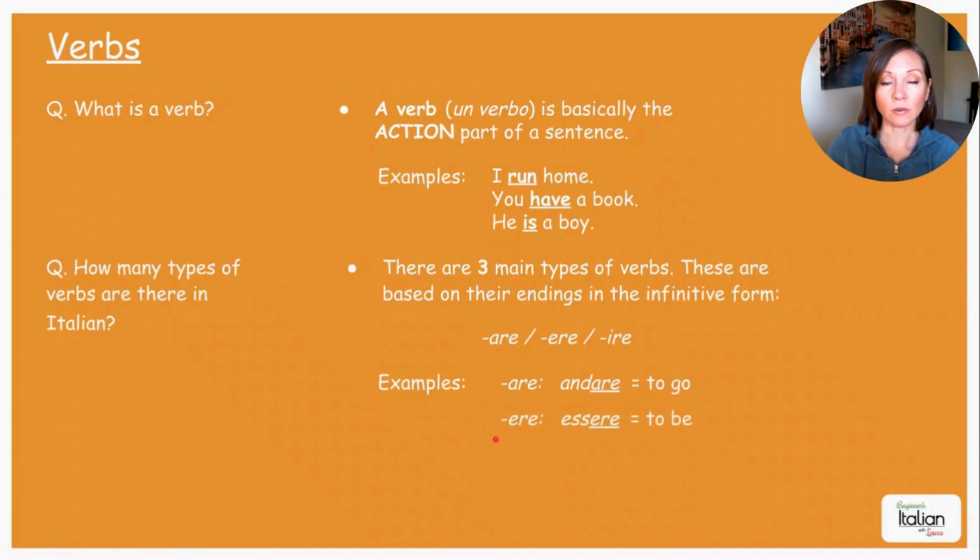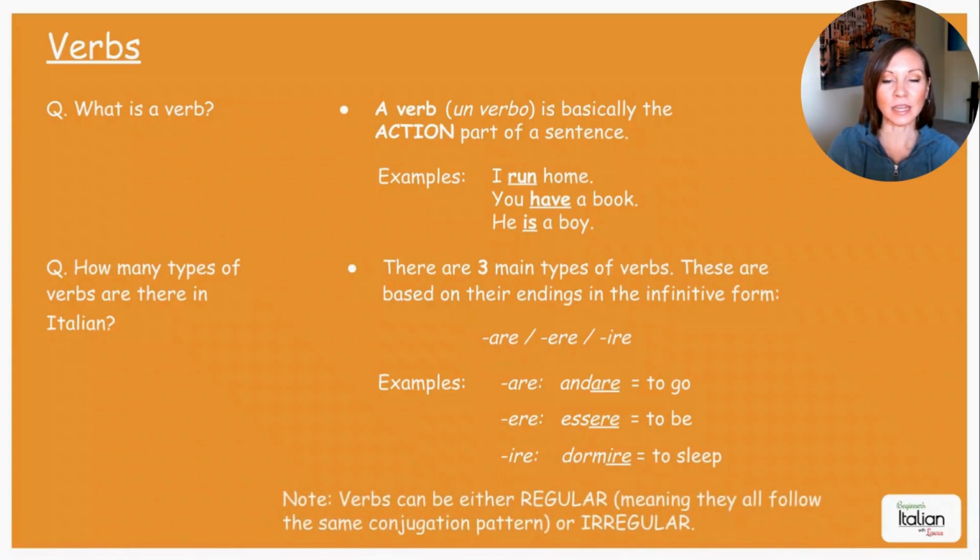An ERE verb would be essere, to be. And IRE, dormire, to sleep. There's the IRE on the ending. Just to note, verbs can be either regular, meaning they all follow the same conjugation pattern, or irregular.